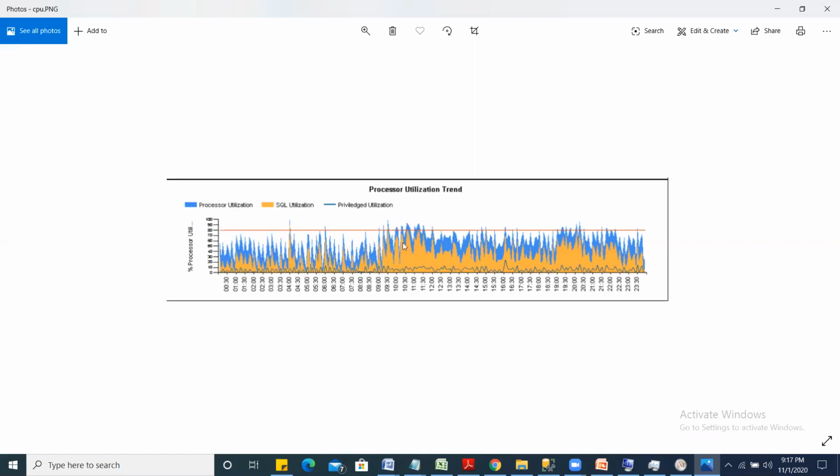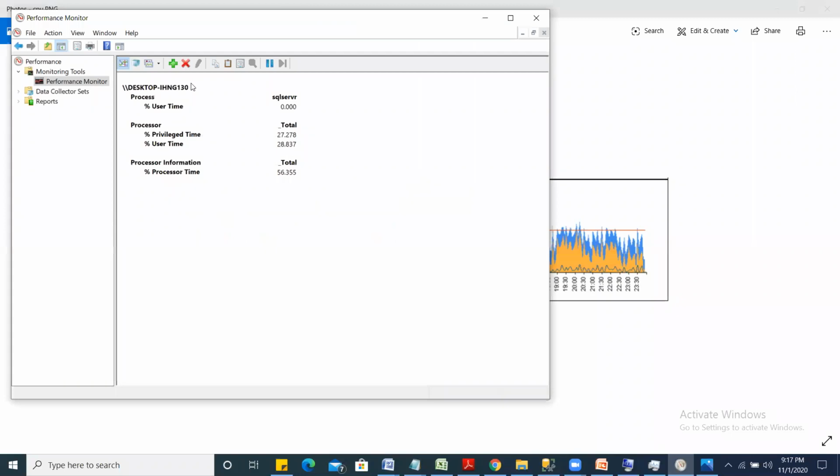So I think something is missing here. Some other component is consuming it, right? If you analyze the way I have told you in the performance monitor, you will get the exact picture, the way I have analyzed here. You do that.